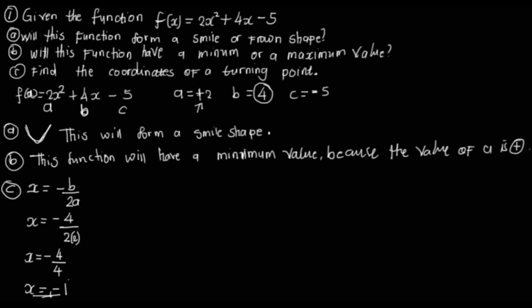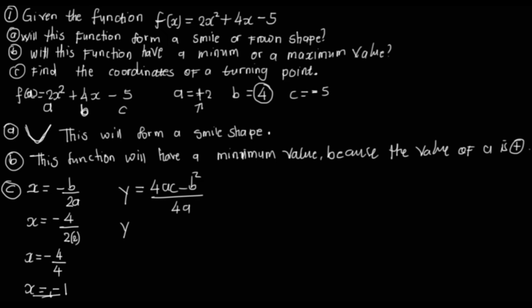Now let's also check for the y coordinate. There are two ways in which we can find the y coordinate. First, let's find it using the formula: y is equal to 4ac minus b squared over 4a.